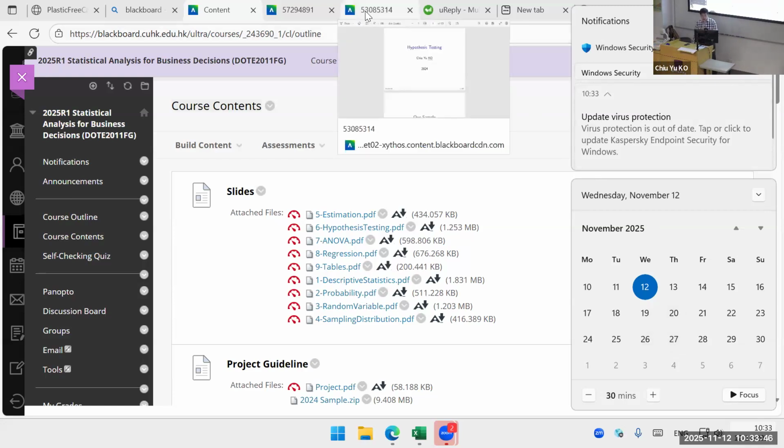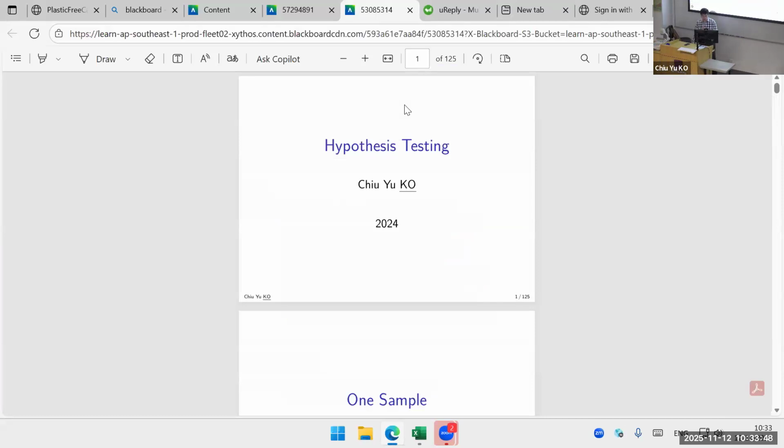So let's quickly finish the review of hypothesis testing, and we'll do ANOVA. And the goal of ANOVA today is highly related to the two-sample t-test. It's a generalized idea. Okay.